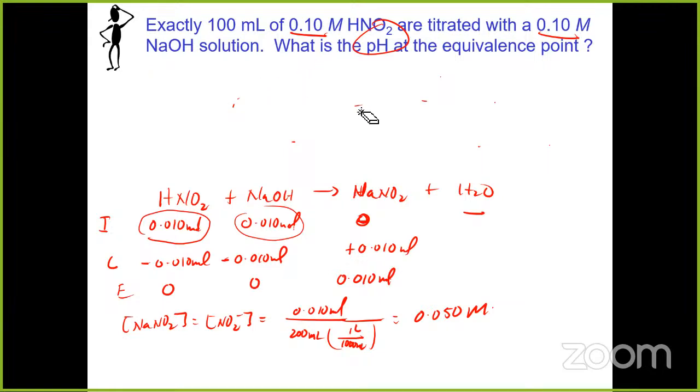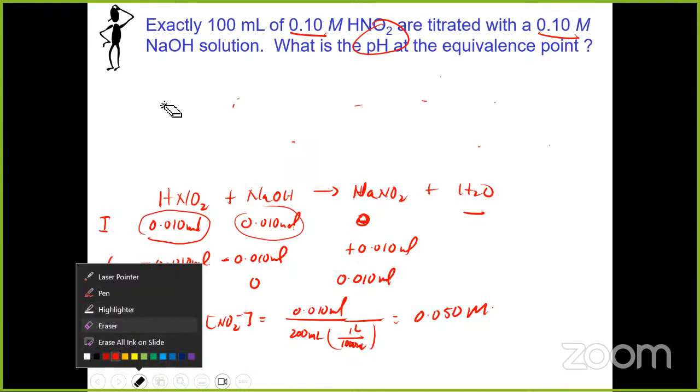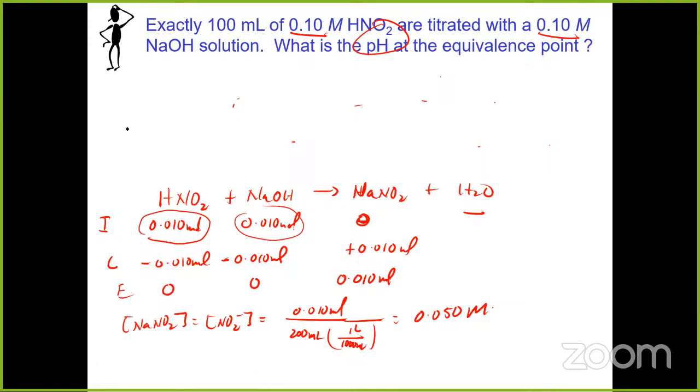So we're going to start off with the nitrite ion, and when it is hydrolyzed by the water, you're going to have this equilibrium set up to form HNO2 plus OH minus. So at this juncture, I can tell you, without doing any further calculation, that the pH will be above 7, right? And that's because the hydrolysis of the nitrite ion gives you hydroxide ions, right?